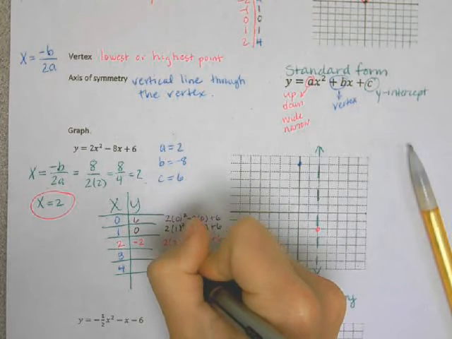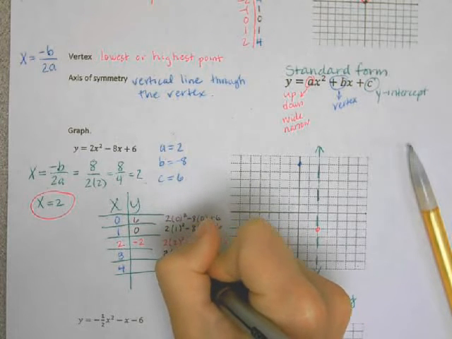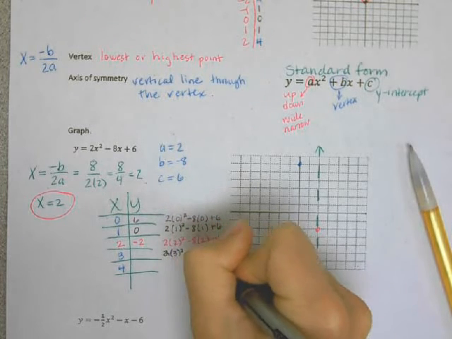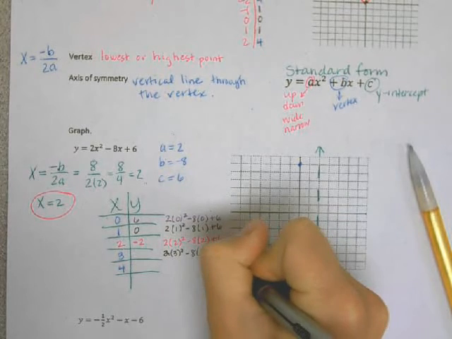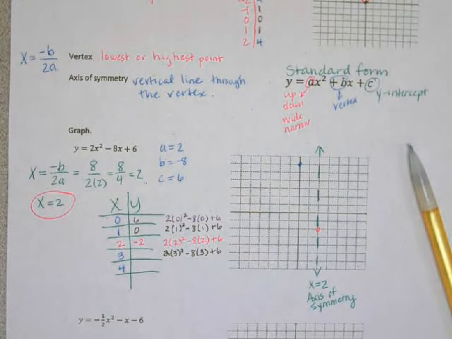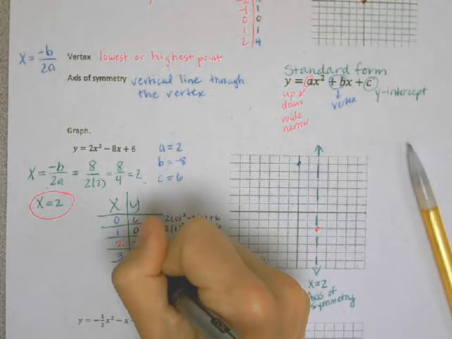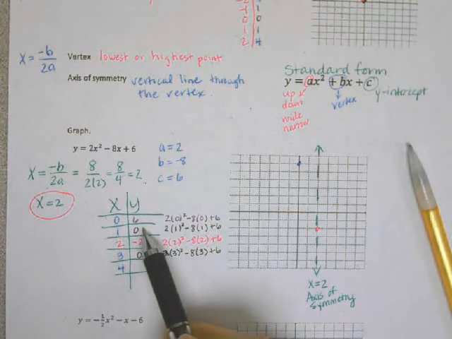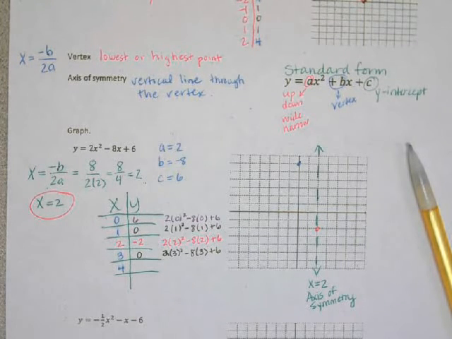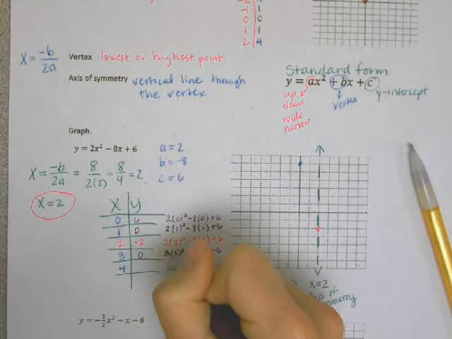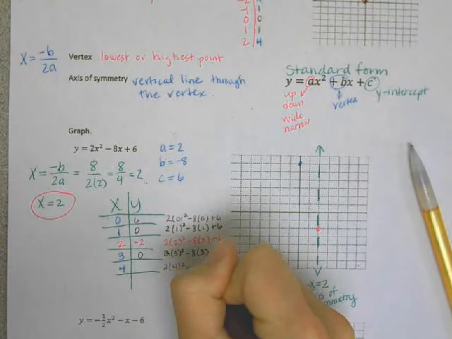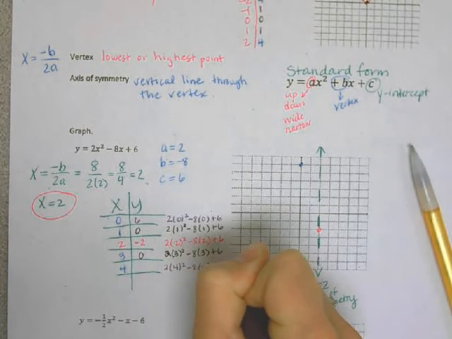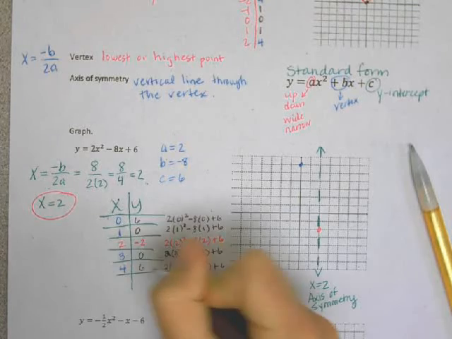If I plug in 3, and I've color-coded these on purpose because your calculator should tell you this is also 0. You should have some things lining up here, some symmetry should be happening. 2 times 4 squared minus 8 times 4 plus 6 is 6.